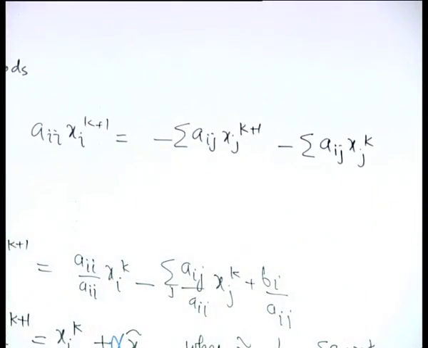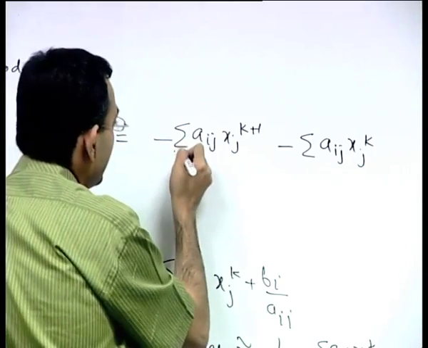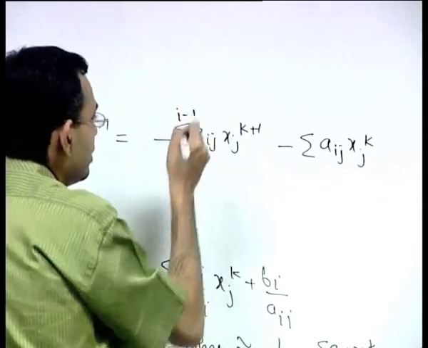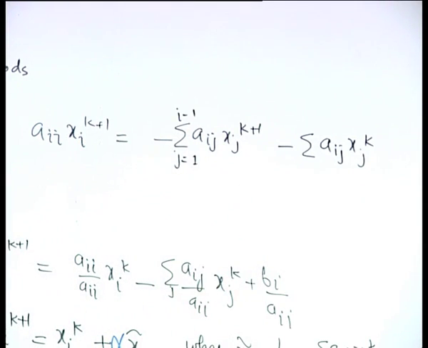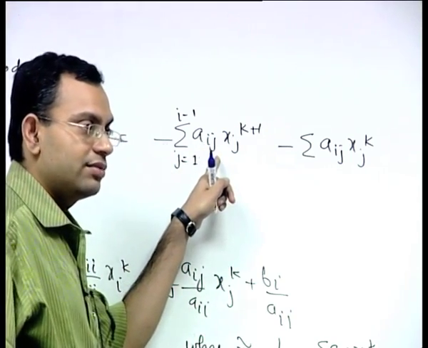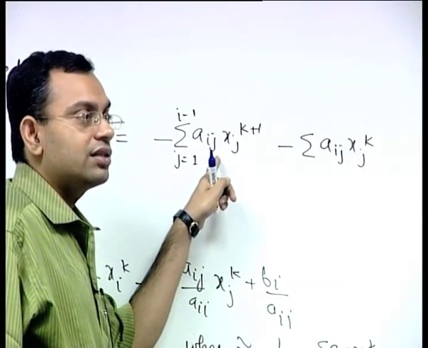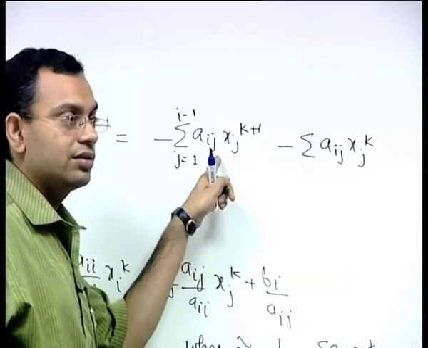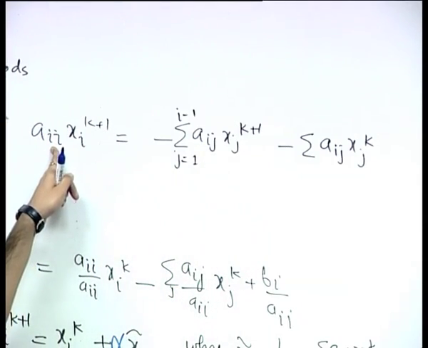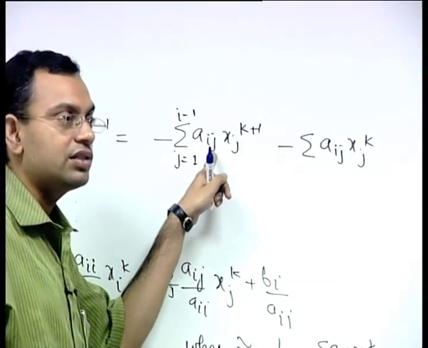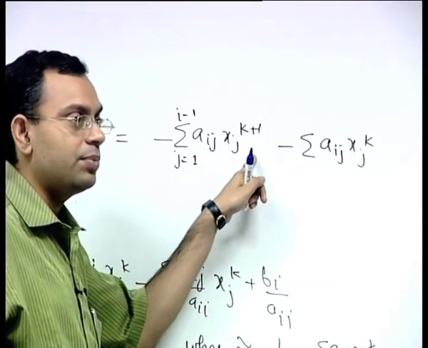Let me write j is equal to 1 to i minus 1; does it belong to k plus 1 or k? This is the L part, right. So L plus D gets combined with k plus 1. So this is D with k plus 1, and this is the L part, the lower triangular matrix part, that gets coupled with k plus 1.